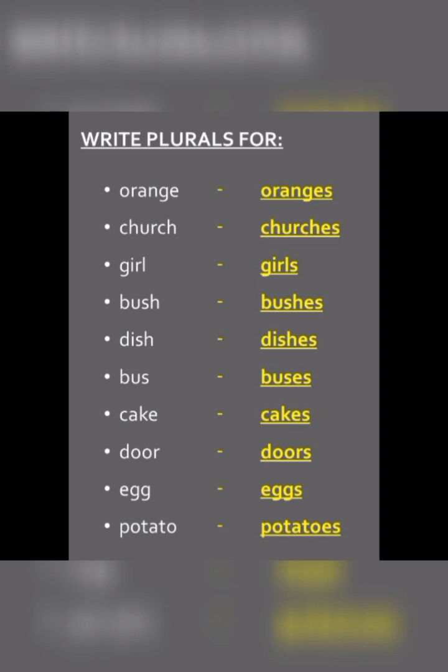Orange, oranges. Church, churches. Girl, girls. Bush, bushes. Dish, dishes. Bus, buses.